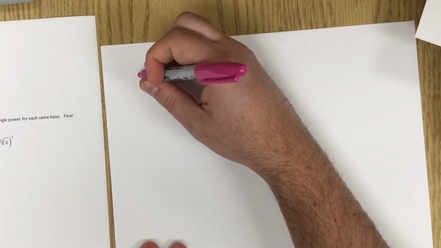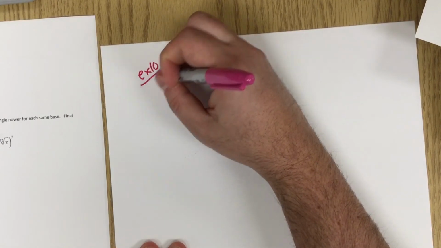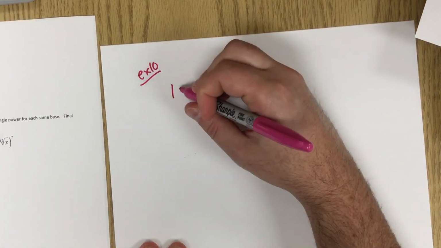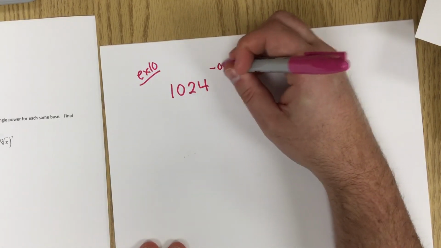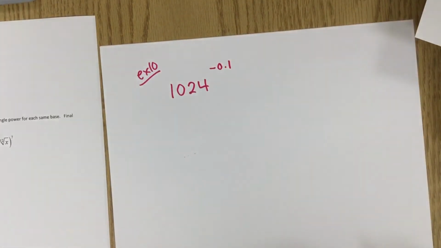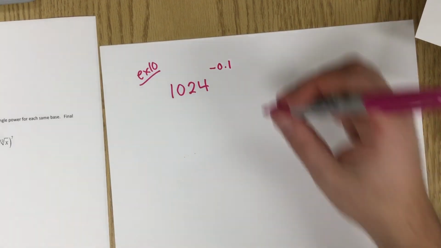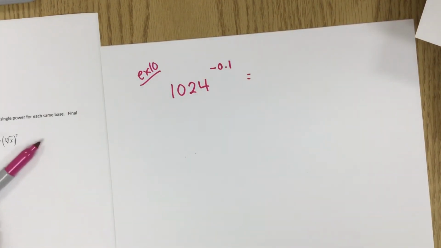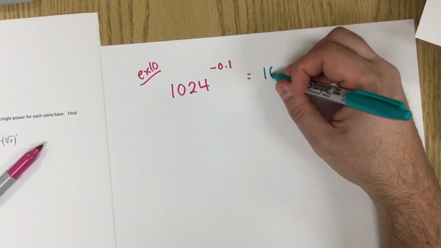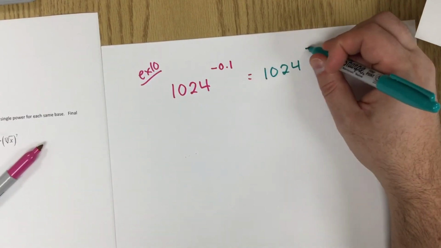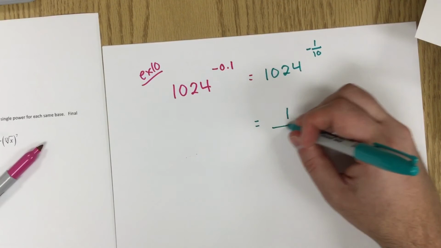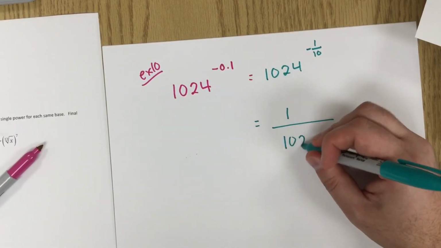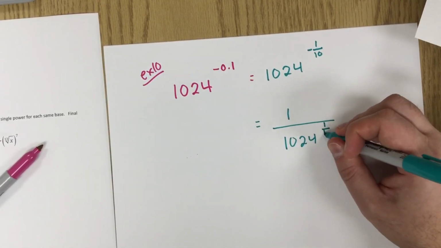And we could do 1024 to the power of negative 0.1, and that would be equal to, so negative 0.1 is the same thing as 1024 to the negative 1 over 10, which is 1 over 1024 to the power of positive 1 over 10.